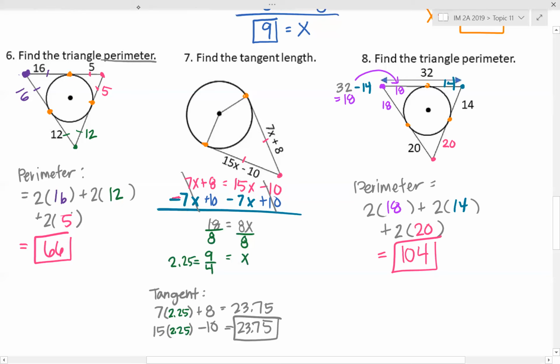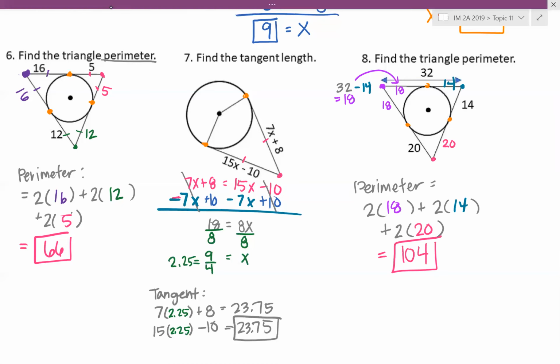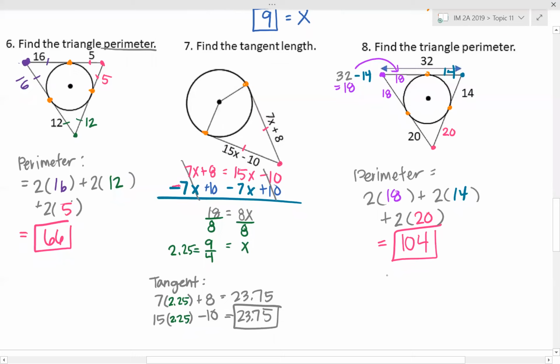Another way that I could think about this too is that they gave me that 32 originally, right? So I could do 32 plus 14 plus 20 plus 20 plus 18, and that would still give me that 104. So any way that you look at it, you can find that perimeter, but you still have to find that 18 in order to get the values.